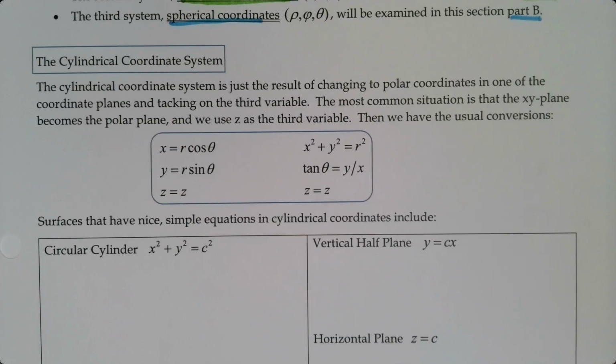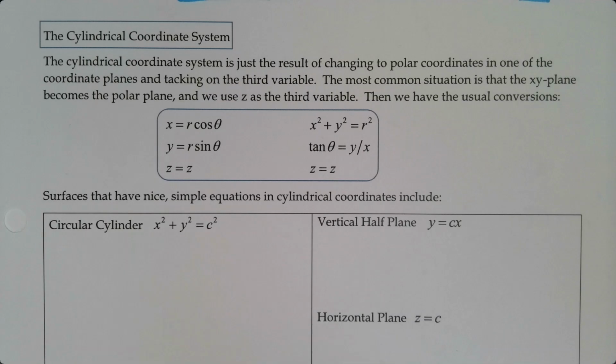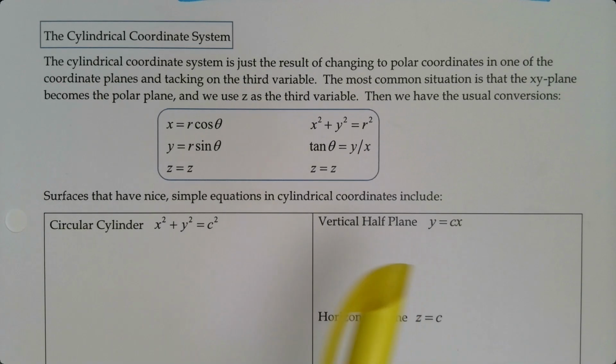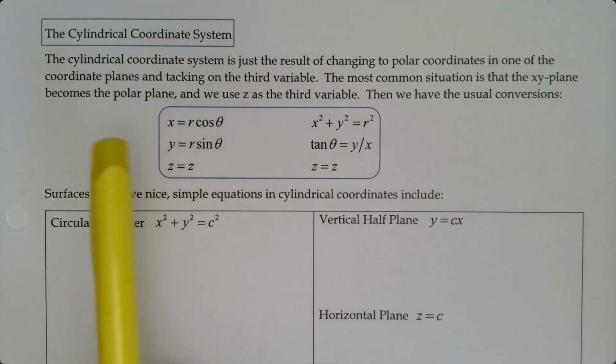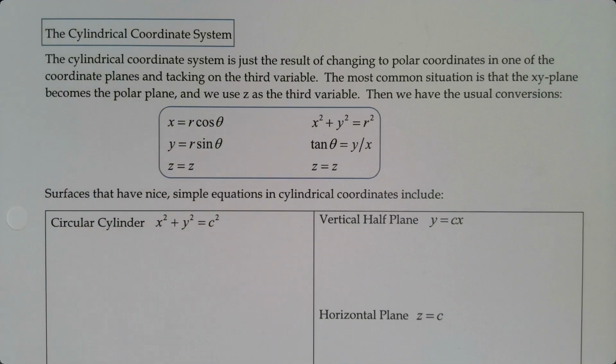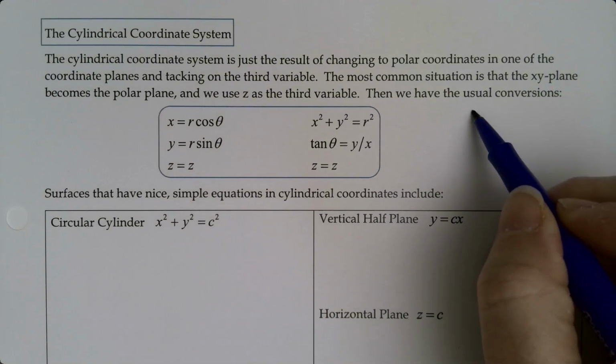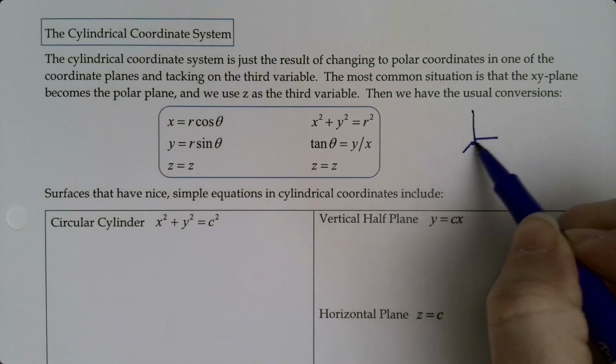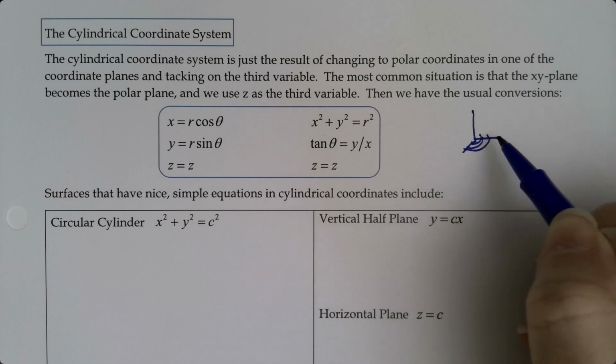Now, the cylindrical coordinate system is basically taking the polar coordinates in one of the planes, right? So one of the coordinate planes, usually the XY plane, becomes those polar coordinates that we're used to looking at. But then the 3rd variable is vertical. So if you can imagine, you have your polar grid down here, going around and around and around in circles.